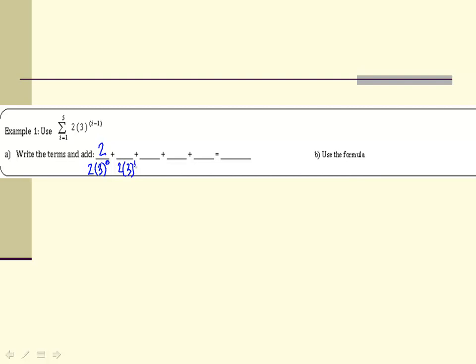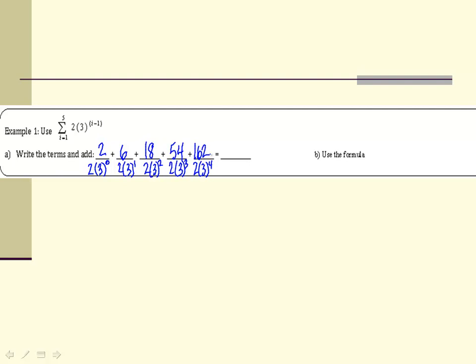So 2 times 3 is 6. The next one, that's 2 times 3 to the 3 minus 1, which is 2. So 2 times 3 squared is 18. The next, 2 times 3 to the 4 minus 1 is 3. So 2 times 3 to the third is 54. And then if we do 2 times 3 to the 5 minus 1, that's 4. So 2 times 3 to the fourth is 162.